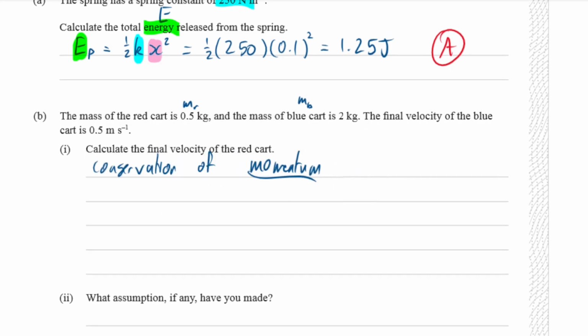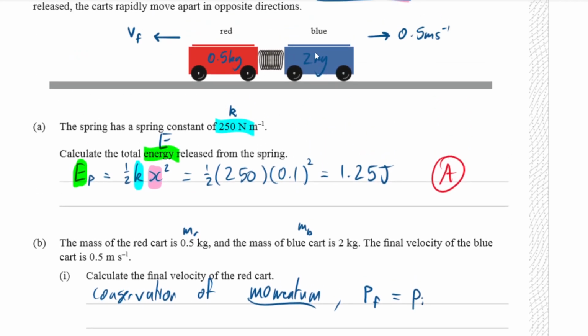So actually the first thing I'll do is write out the words conservation of momentum, PF, the final momentum, equals PI, the initial momentum. And what I mean by initial momentum is of the whole system. Not just of the red cart or the blue cart, but of both of them together.